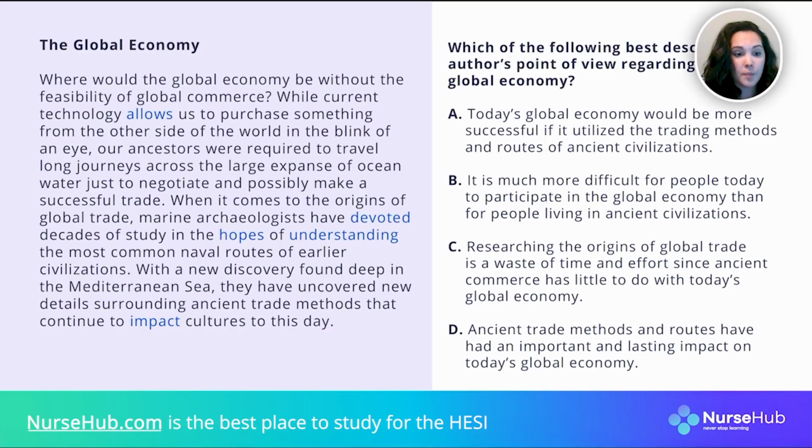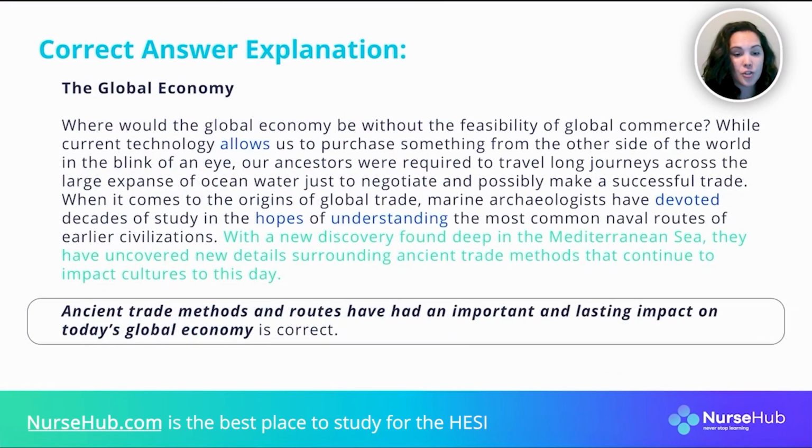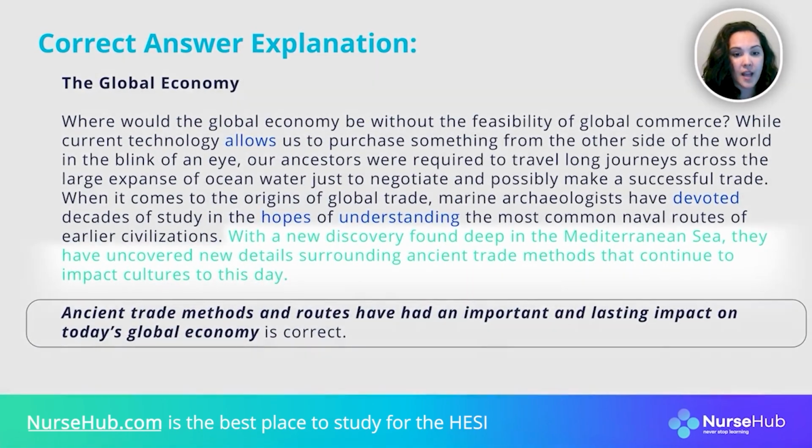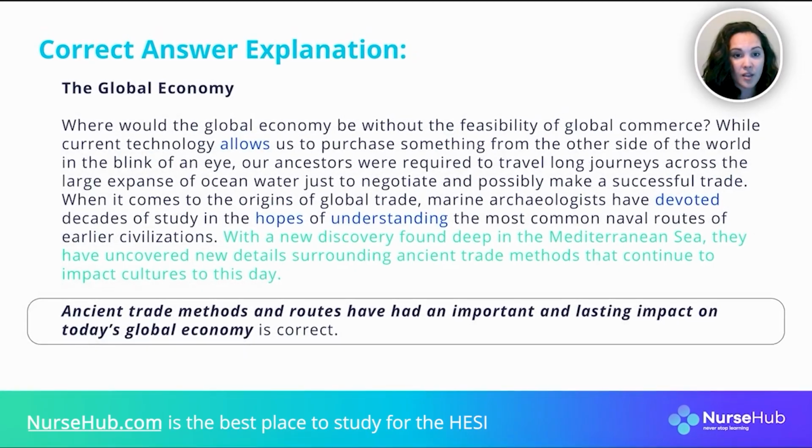Okay, so if you picked ancient trade methods and routes have had an important and lasting impact on today's global economy, you got this answer correct. Congratulations. On your screen, what you can see is the last sentence is also highlighted here. This is how the author feels about global economy.